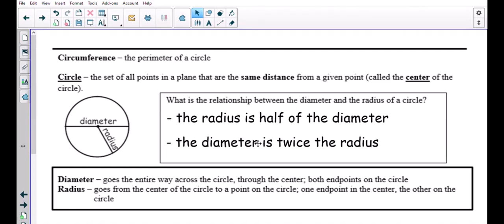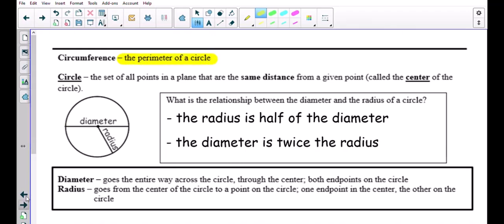The formulas we're going to use involve both the radius and diameter of the circle, specifically the radius on the formula sheet, although there is a formula for circumference of a circle that involves the diameter. I do want to mention that circumference is just the perimeter of a circle. So instead of saying the perimeter of a circle, we call it the circumference, the distance around the outside.